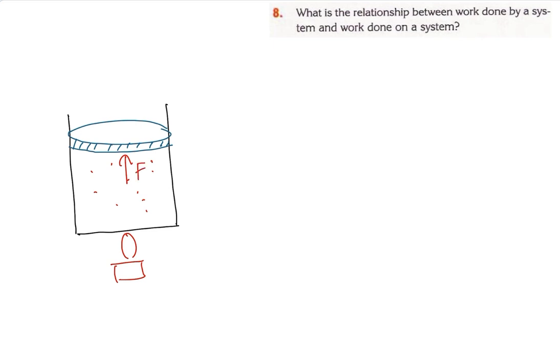But by the third law of motion, for every force there is an opposite reaction force of the same value. It's called the reaction force, and it has a negative sign, like negative F. So if this piston, for example, moves up for a height of h, then work done by the system will be equal to F times h.